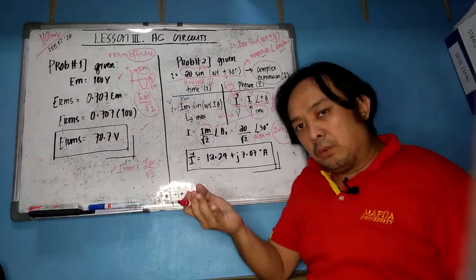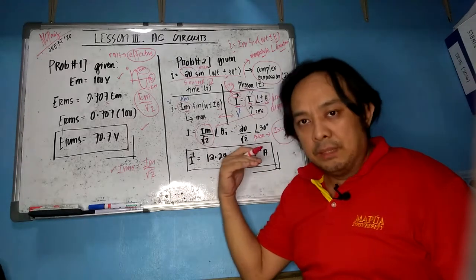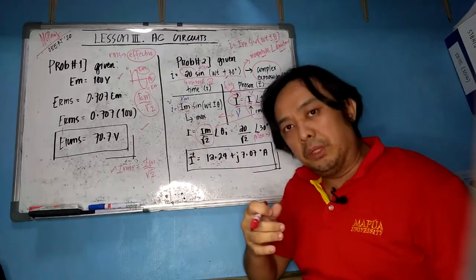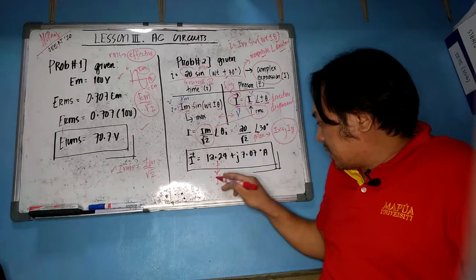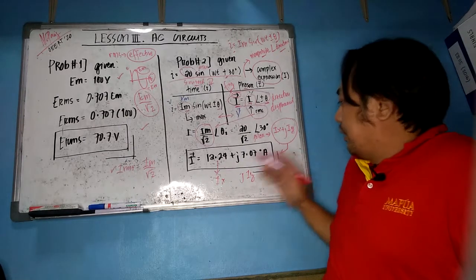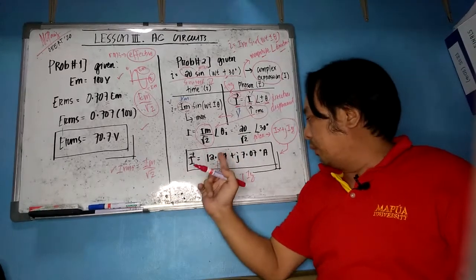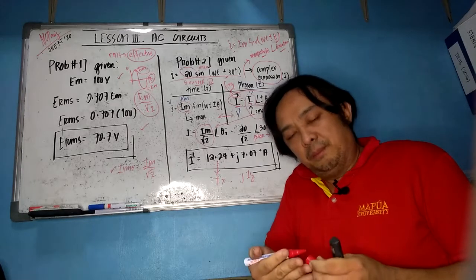You have your calculator there to convert polar to rectangular. Converting polar to rectangular form, this is your Ix and this is your j Iy. So the complex expression answer for this problem is 12.24 plus j 7.07 amperes.